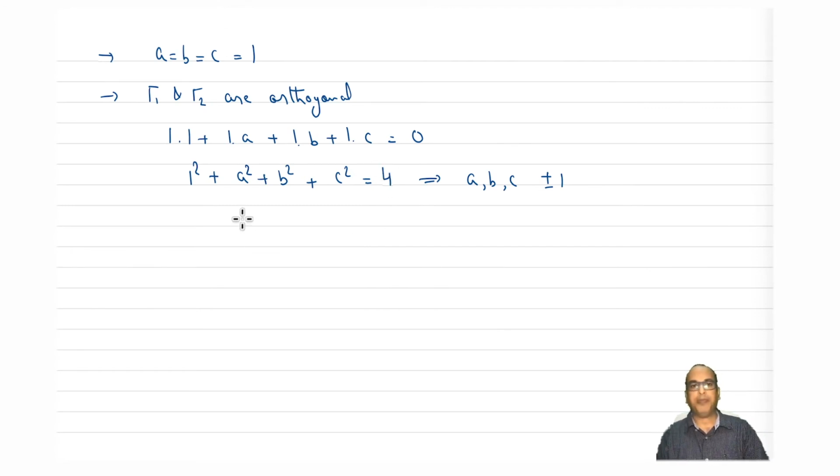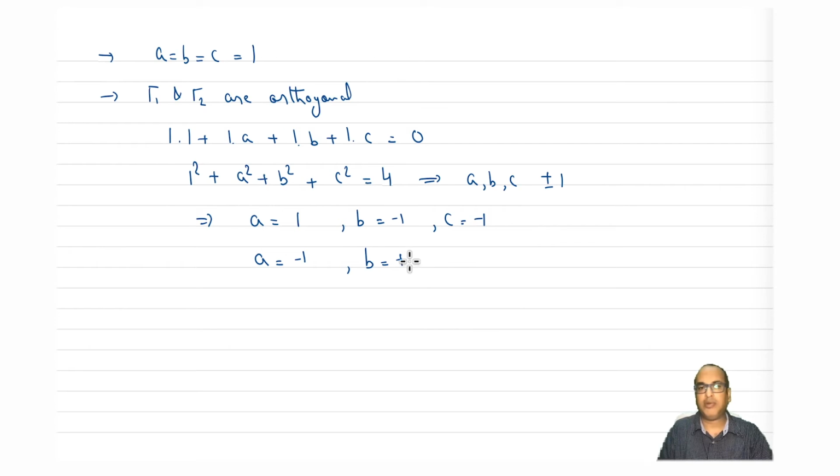So this implies that if A is positive, B will be negative and C will be negative. I can say that A is negative, then B is positive, plus 1, and C is minus 1. Or B is negative and C is positive. These are the possible 3 solutions, no other solution is possible. You can try this out, which will satisfy these two equations.